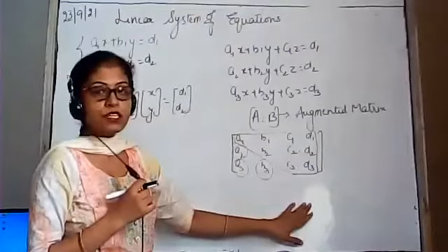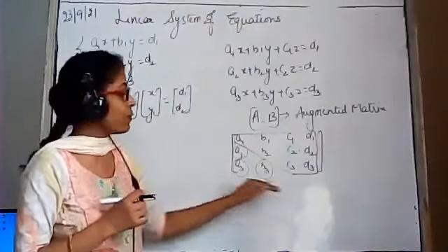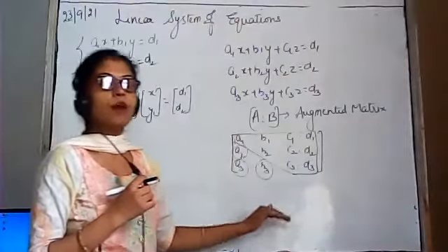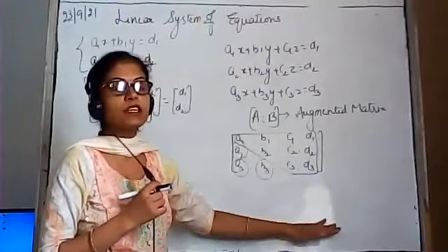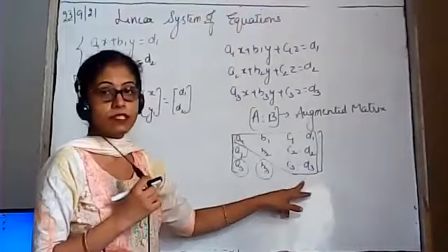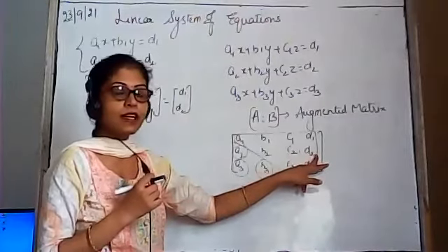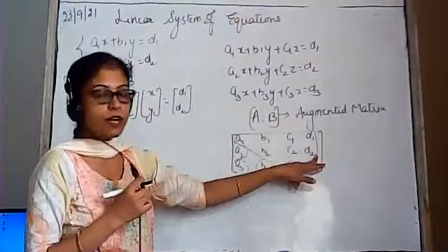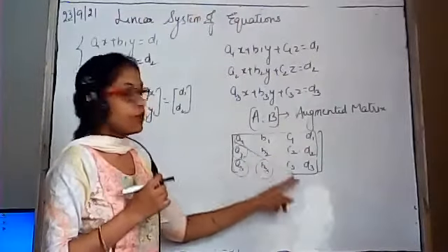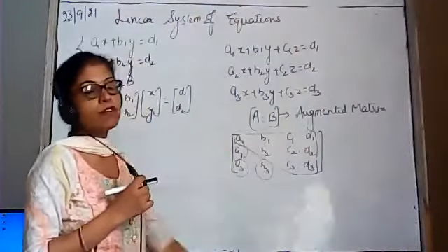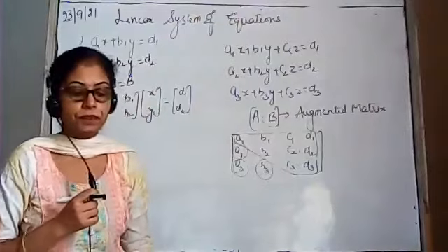In the form of equations, we will give the equation numbers as equation number 1, equation number 2, and equation number 3. From equation number 3, the last equation, we will find the value of z. After that, substitute the value of z in the second last equation, and we will find the value of y. At last, the values of y and z will be substituted in equation number 1, and we will get the value of x.